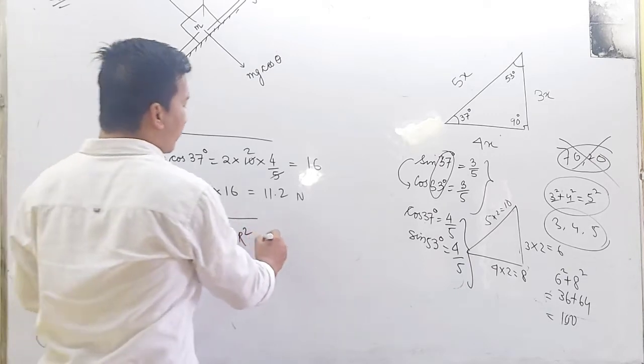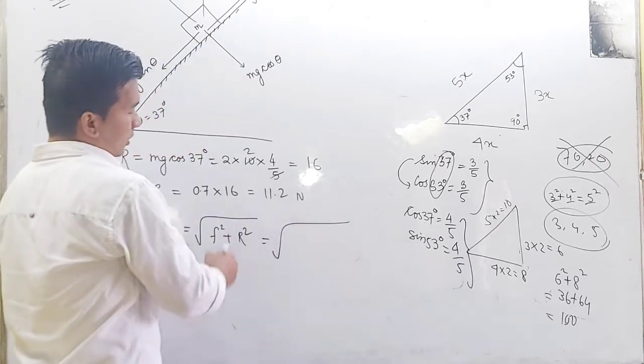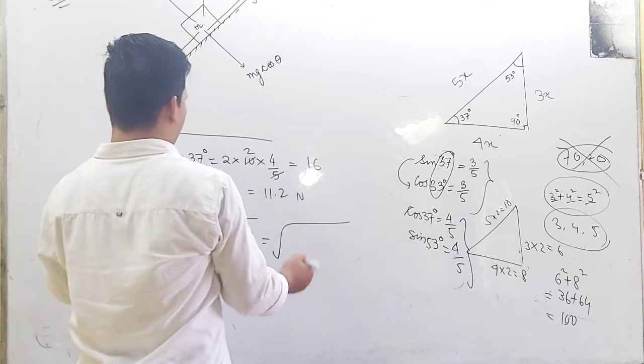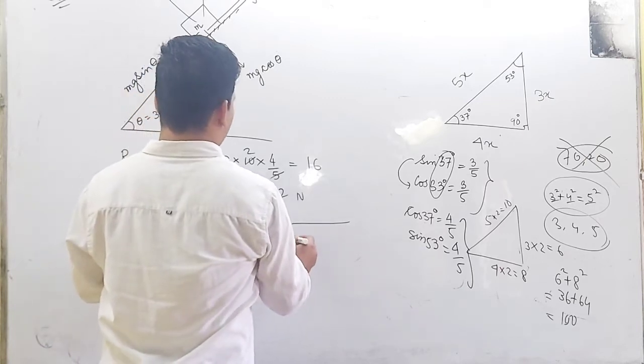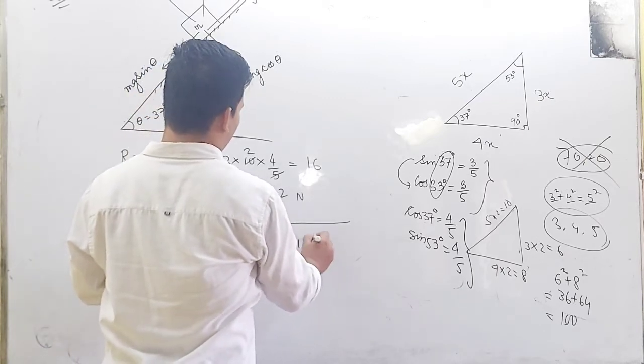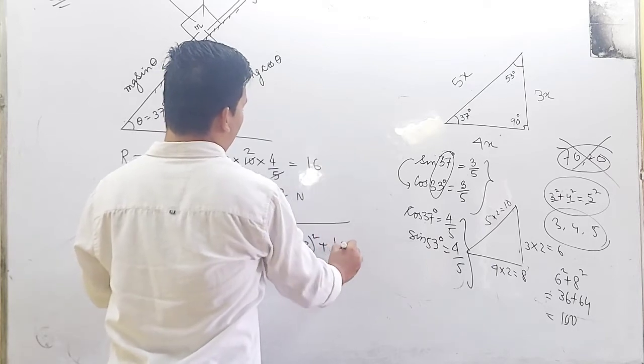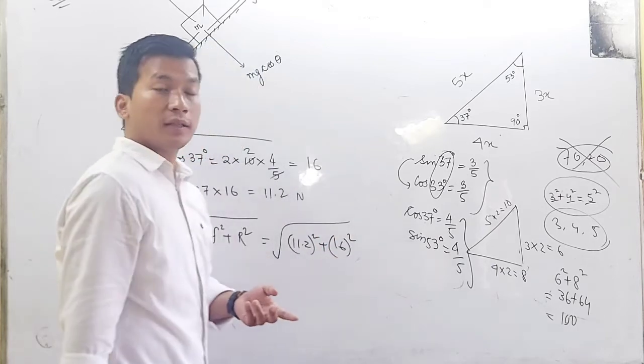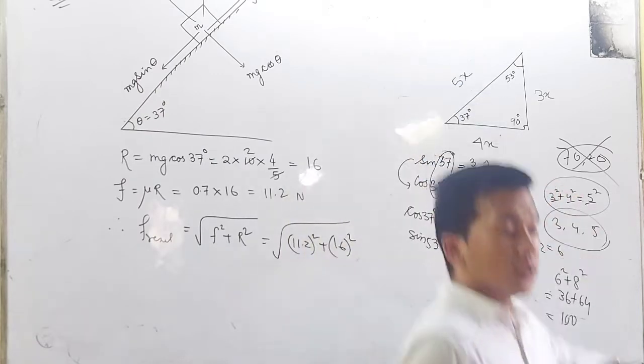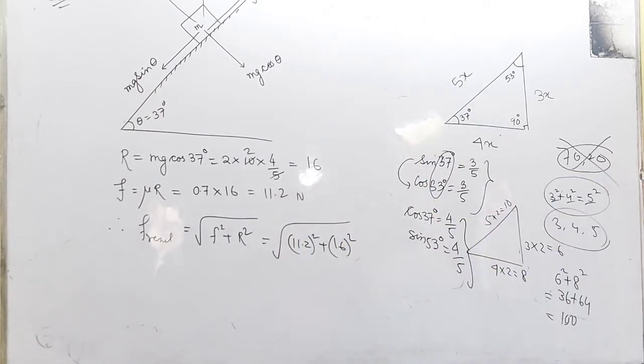Put the values and find out by taking the square root: 11.2 whole square plus 16 square, and the answer is about 19.5.